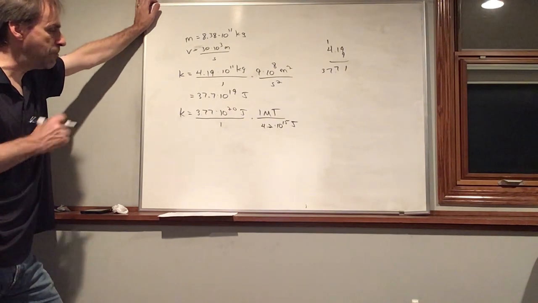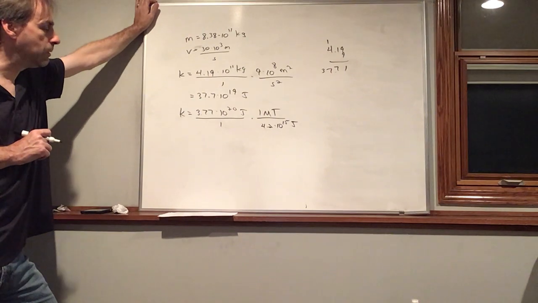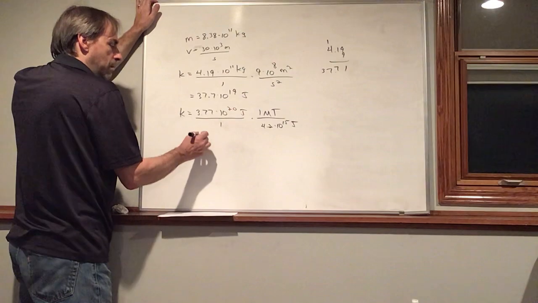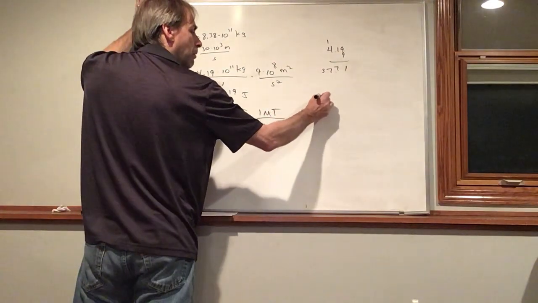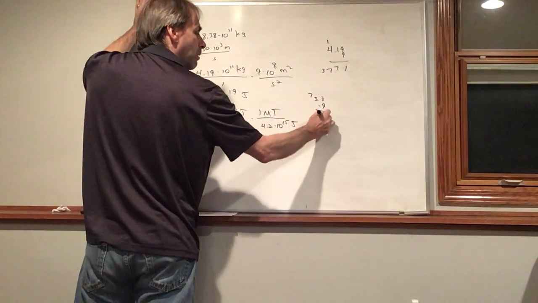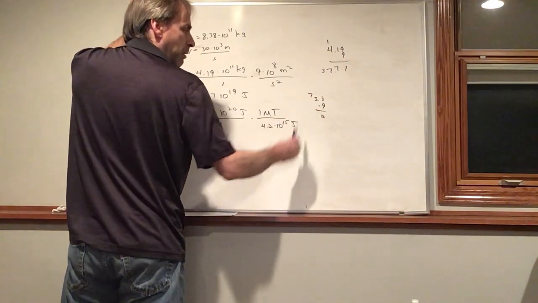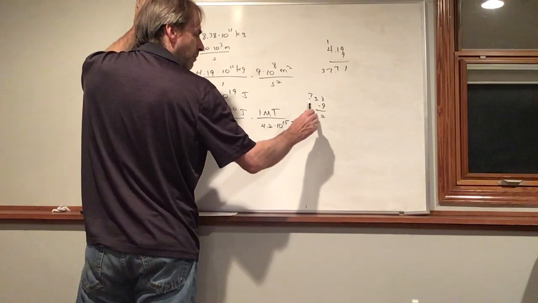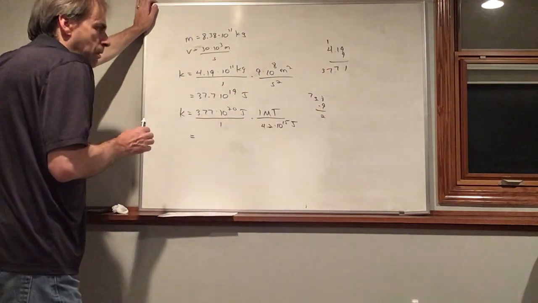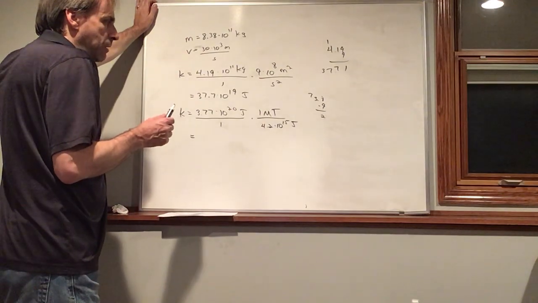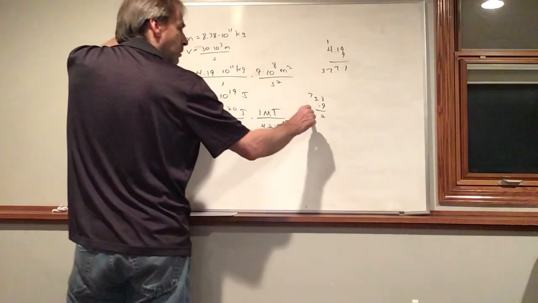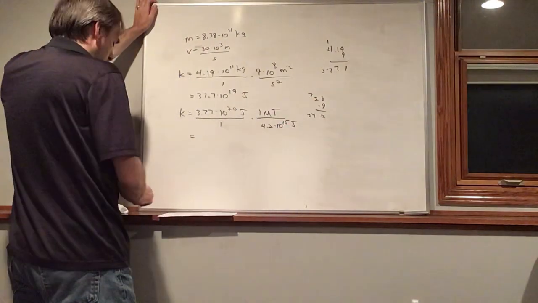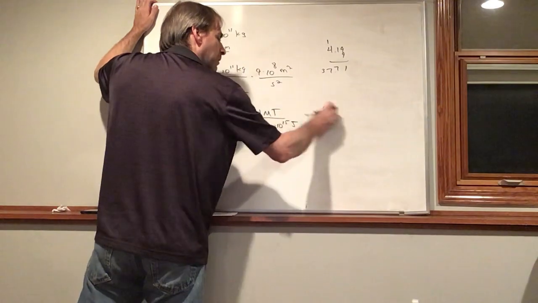So let's say 3.8 over 4.2. Let's just say it's around 0.9. Let's see. Yeah, 3.8 times 9. Actually, I'm doing this backwards.